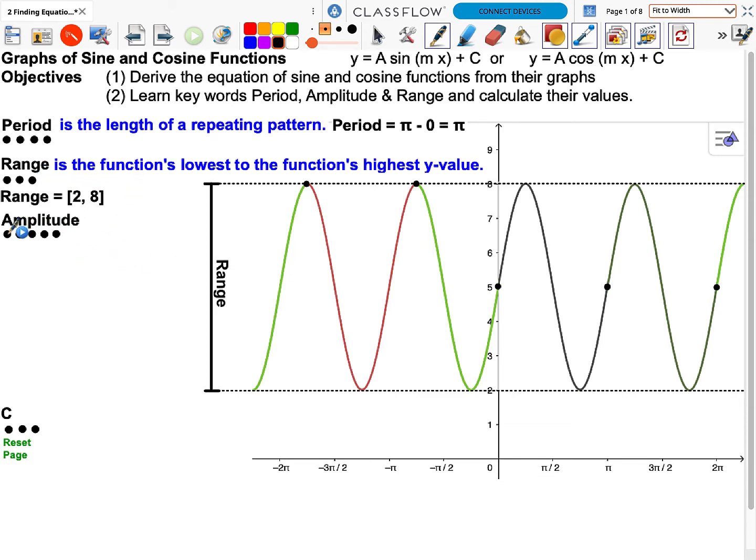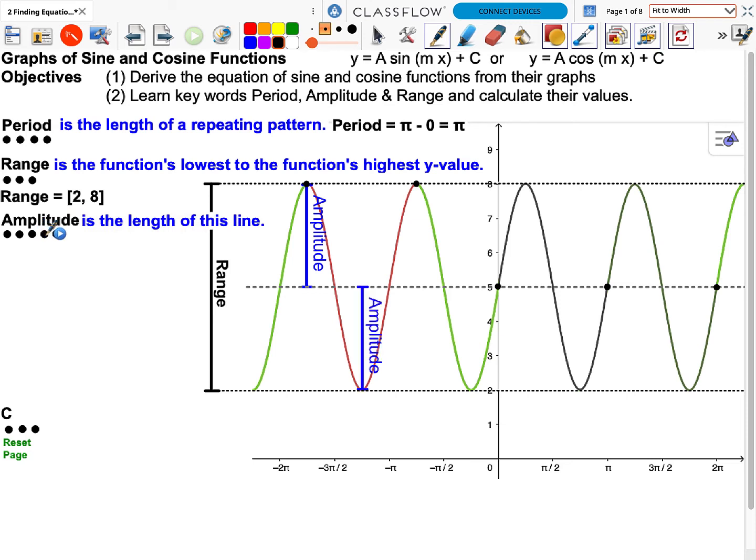The amplitude, you need an imaginary middle line. You can see that this middle line splits the function in half. And now what we do is we mark from that middle line to a maximum, or indeed we can also mark from that middle line to a minimum. But the amplitude is the length of this line.